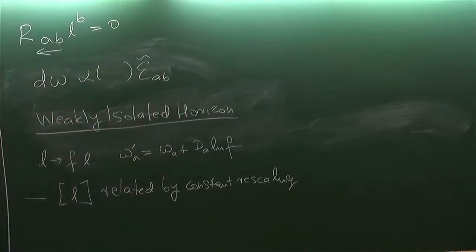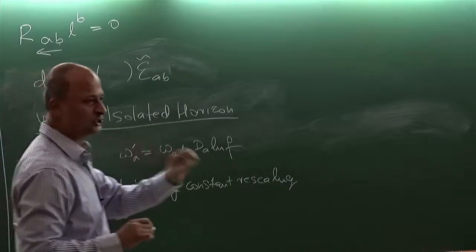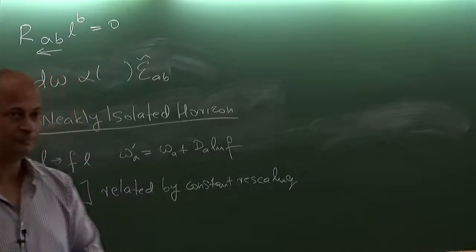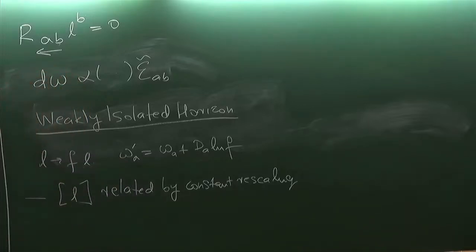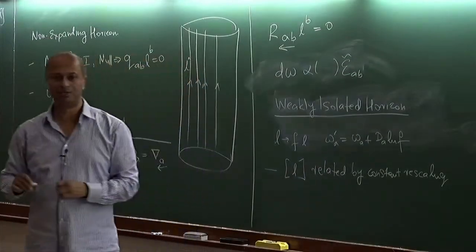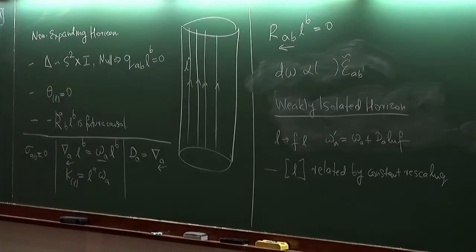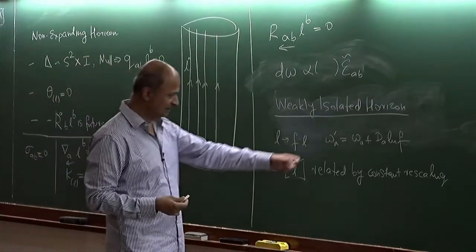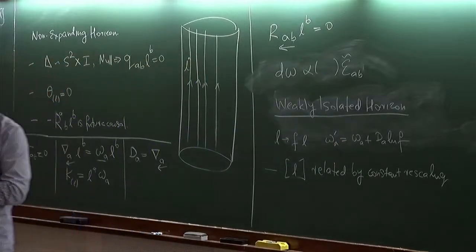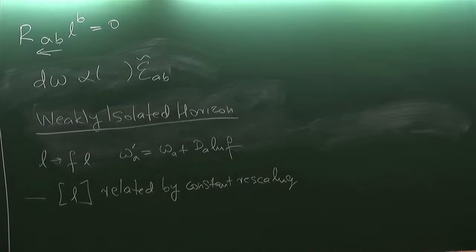So this is still much weaker than for a Killing horizon. You impose only the minimal conditions that you need to prove the results that you want. That is the general philosophy here. Once I restrict myself to this equivalence class, then I have a unique omega, because if I restrict myself to these L's, then the omega is invariant. Any questions?